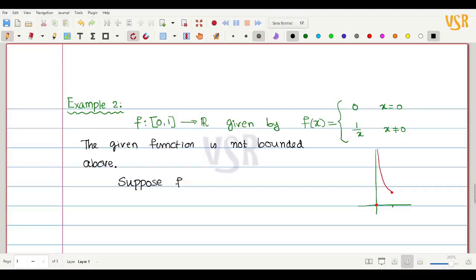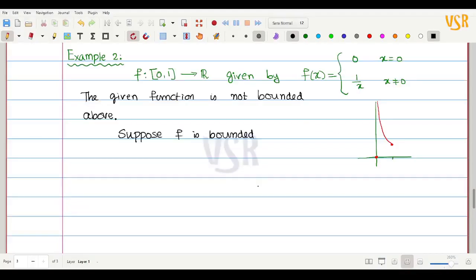Suppose f is bounded. Then there is some positive M such that the modulus of f of x is less than or equal to M for every x belonging to the closed interval [0,1].